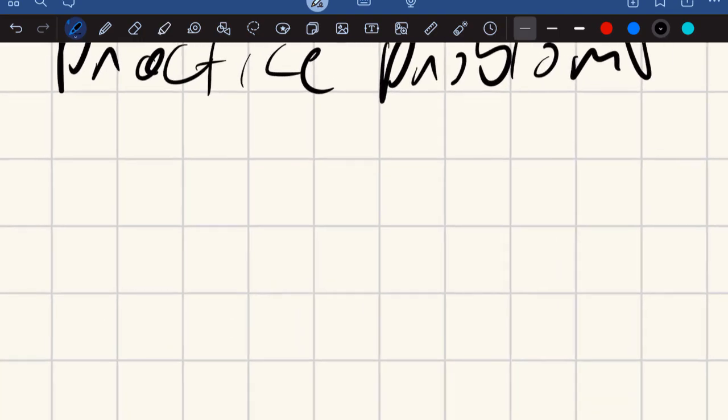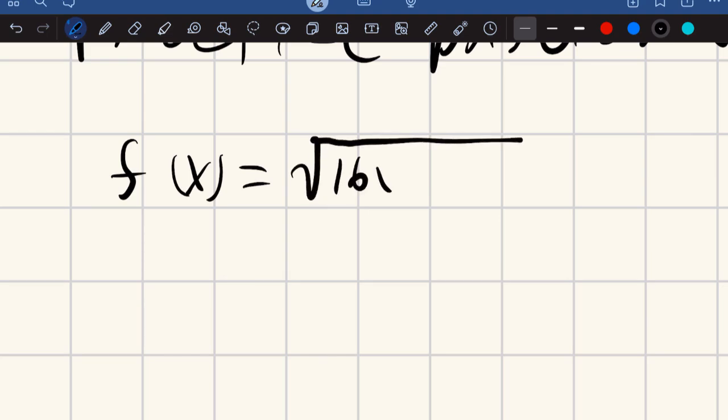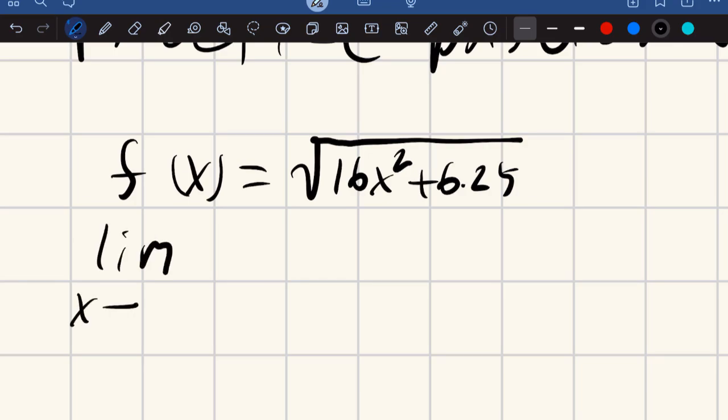So for our first problem, let's do a numerical limit where f of x equals the square root of 16x squared plus 6.25. And let's say we're trying to find the limit as x approaches 0 of f of x.